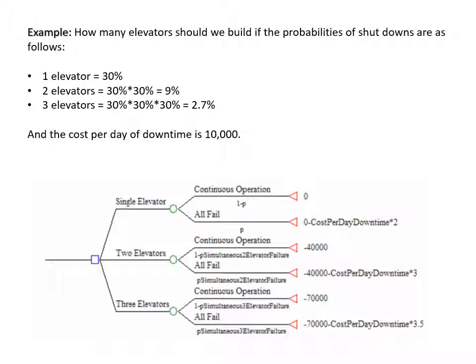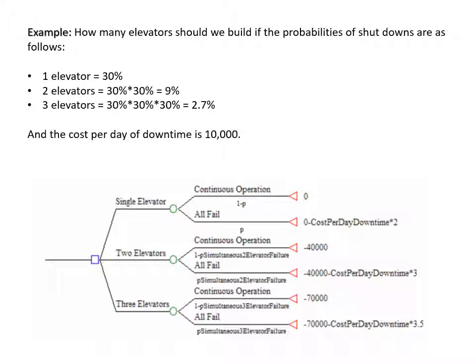And we can look at similar information coming out of the chance node for 2 elevators, right? There's a top branch that is associated with the probability of continuous operation as well as the cost of continuous operation, in which there's no point at which all elevators fail.